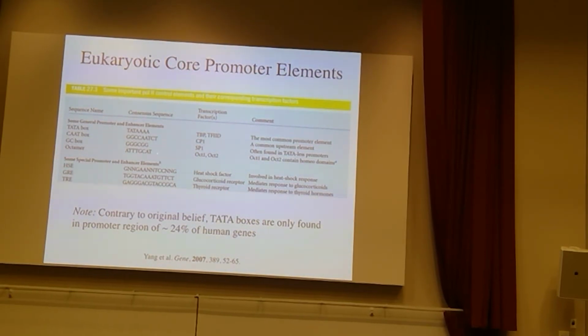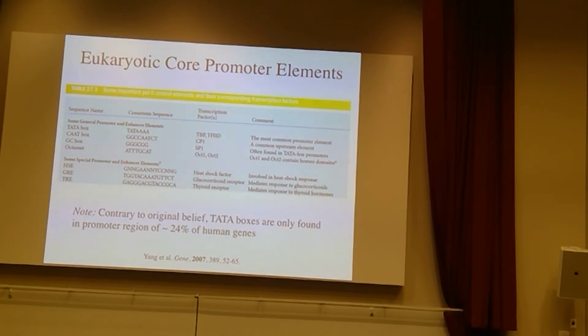As I said, the TATA box was the one that was initially described and the one that's best known. There are particular transcription factors that bind onto that particular promoter. This TBP actually stands for TATA box binding protein. Other transcription factors, such as transcription factor 2D, bind there.